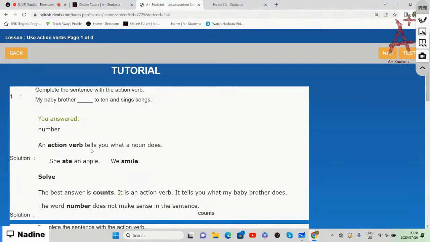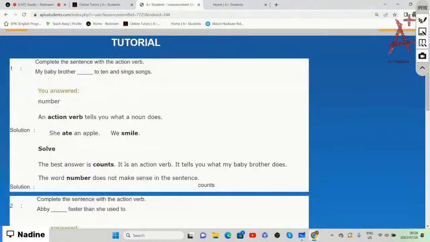So now, if we look at our sentence, it says, complete the sentence with the action verb. My baby brother... The possible answer that they're giving us is "number," right? So, my baby brother number to 10 and sings songs. But if we put the word "number" within that sentence, then "number" just doesn't make sense at all, right?